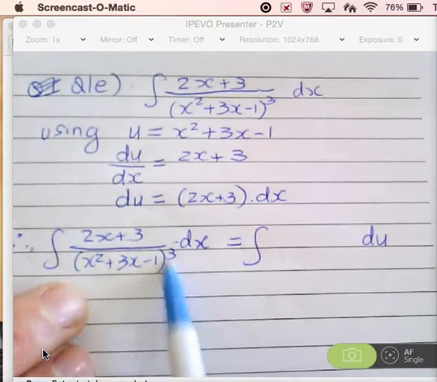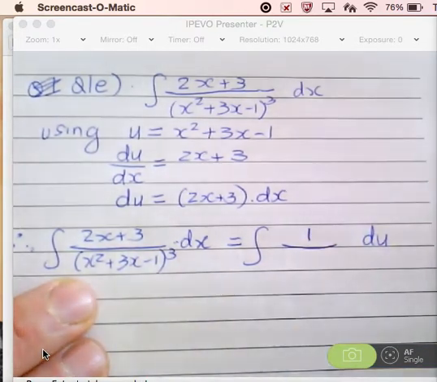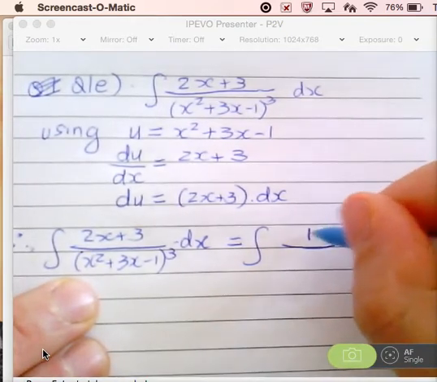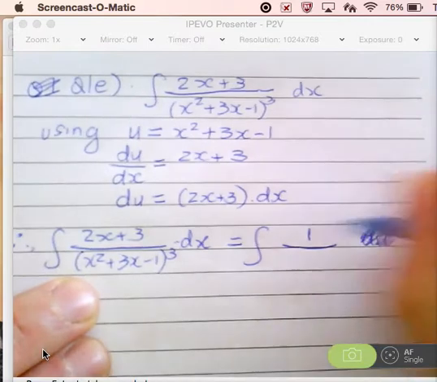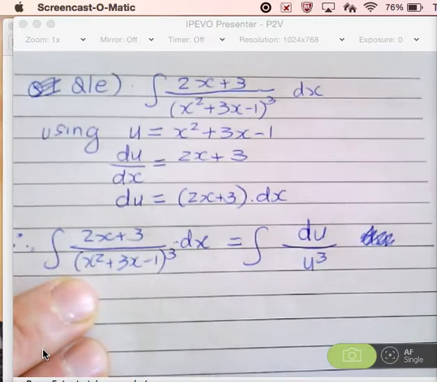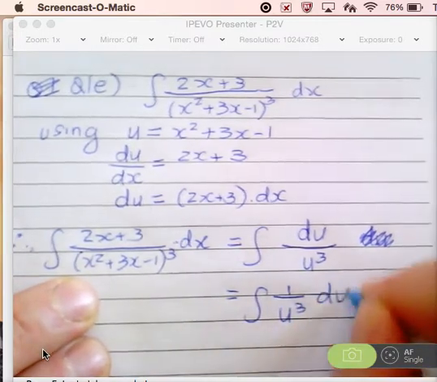And now I need to replace this. I can put du over u³, which is the same as the integral of 1 over u³ du.